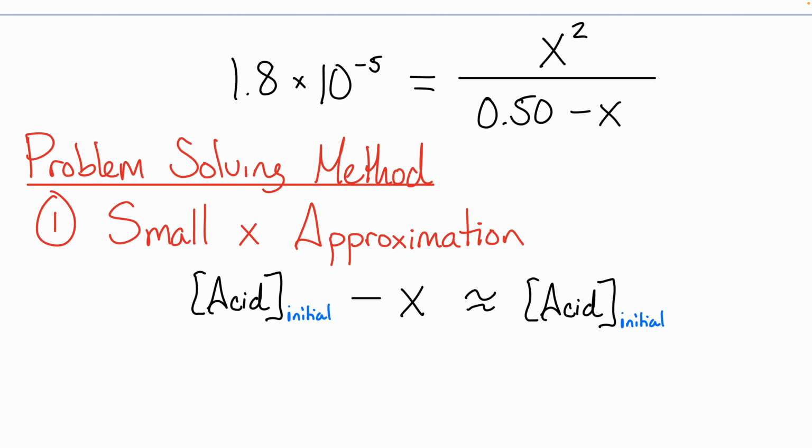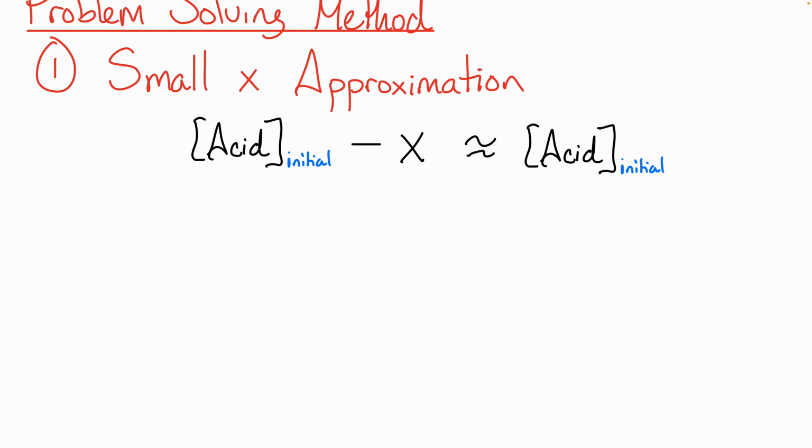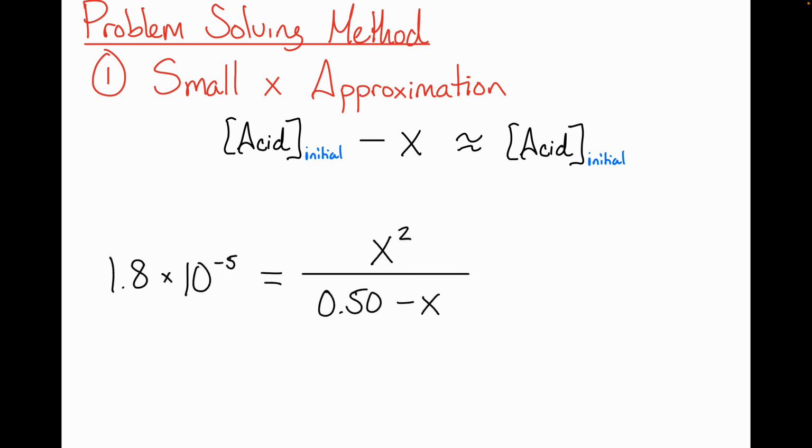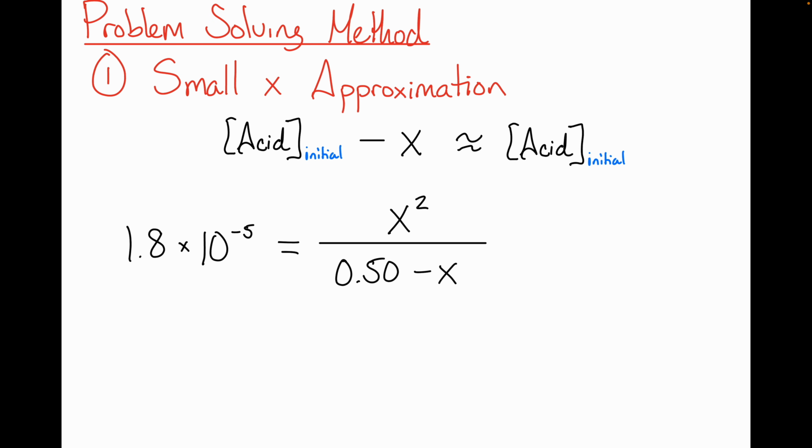So what does that mean for our specific equation here? Exactly, right? So basically, what I'm going to do in my mind is I'm going to look at this and say, all right, I get to ignore this part right here of that denominator.